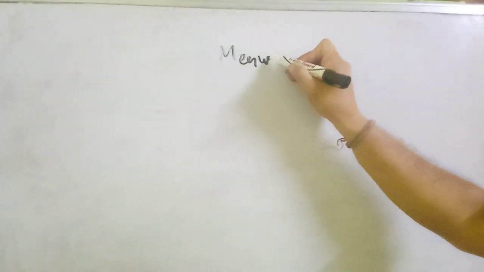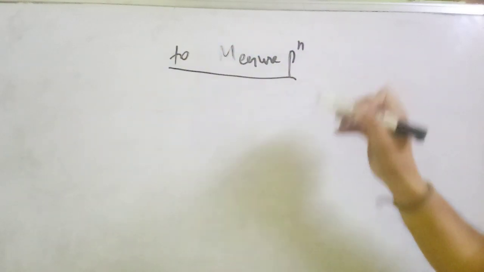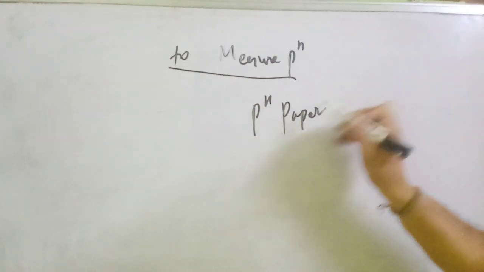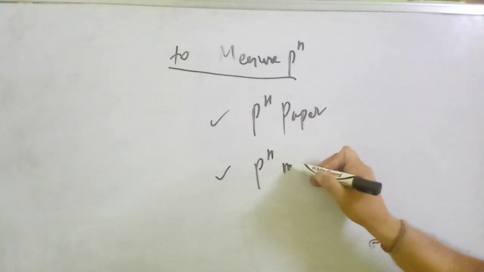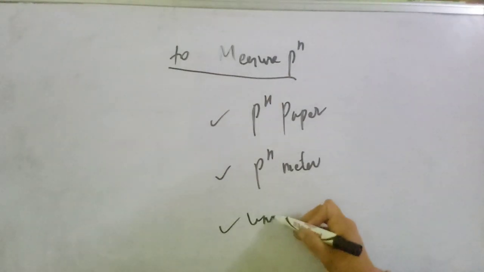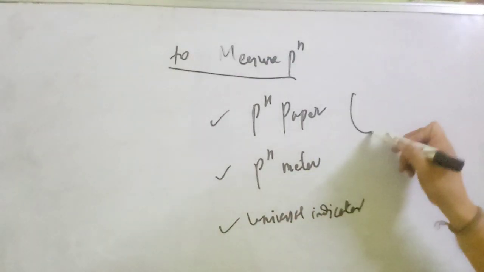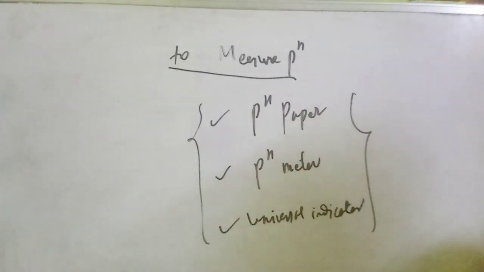So how do you measure the pH? We have many ideas. pH paper can be used to measure the pH of a solution. Similarly, a pH meter can also be used, and nowadays, as an advanced form, a digital pH meter can be used. Similarly, universal indicator is also one of the ideas to measure the pH of a solution.